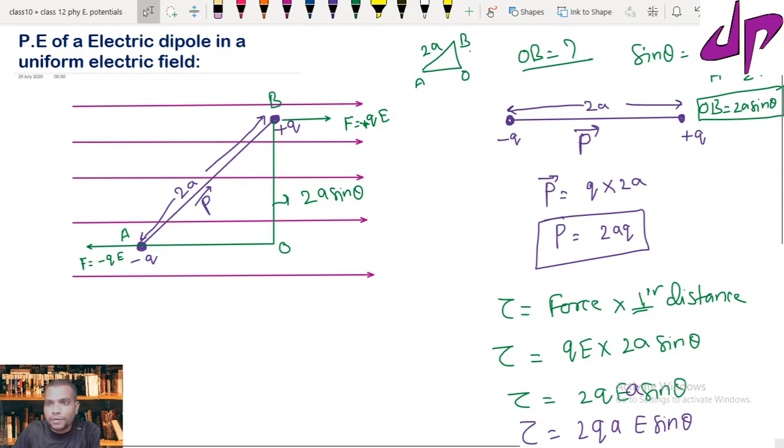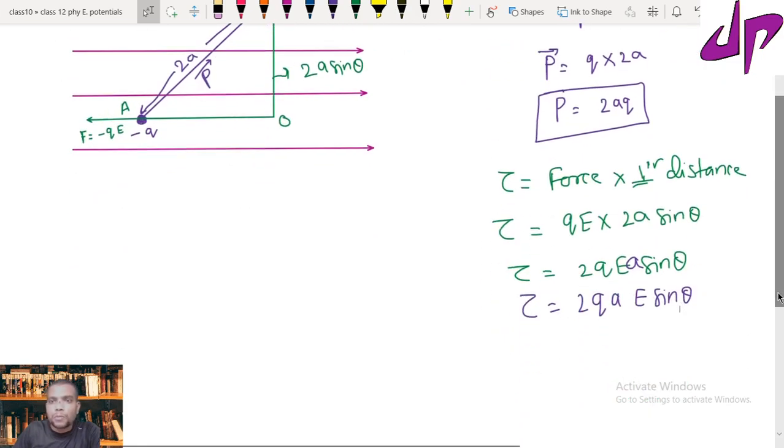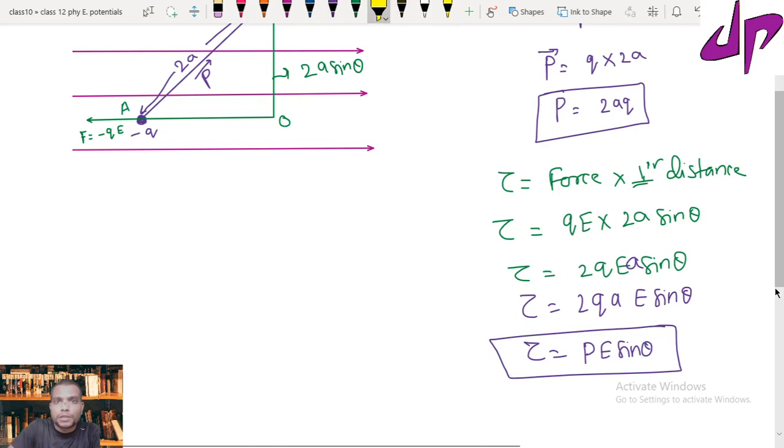Now 2qa you can write as the dipole moment, so tau equals pE sin theta. So this is the expression for the torque of an electric dipole.